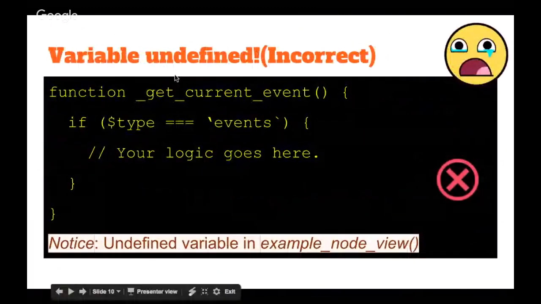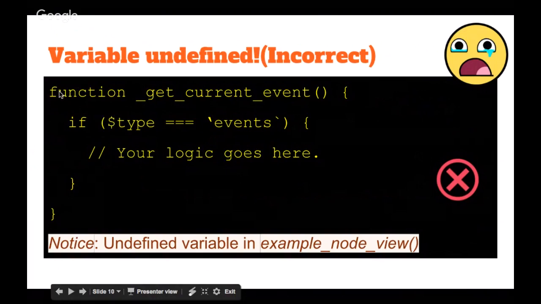Okay, here's the example. We have a function right here, and you will see a conditional statement, which is trying to compare the variable type with events. But if you notice right here, the variable type hasn't been defined.